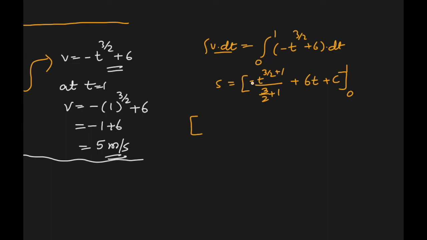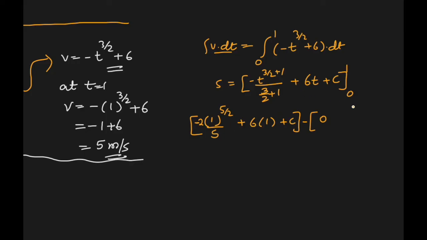Minus t to the power 3 over 2 plus 1 is 5 over 2, and t for me is 1, which I'm substituting right now. t to the power 5 over 2 divided by 5 over 2 plus 6 times t, which is 1 in this case, plus c, minus t to the power, oh, this was minus, I did not put minus. It was minus, right?